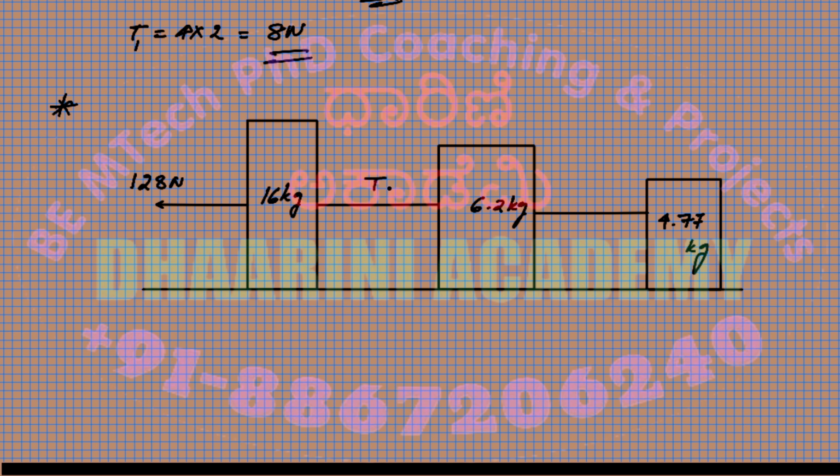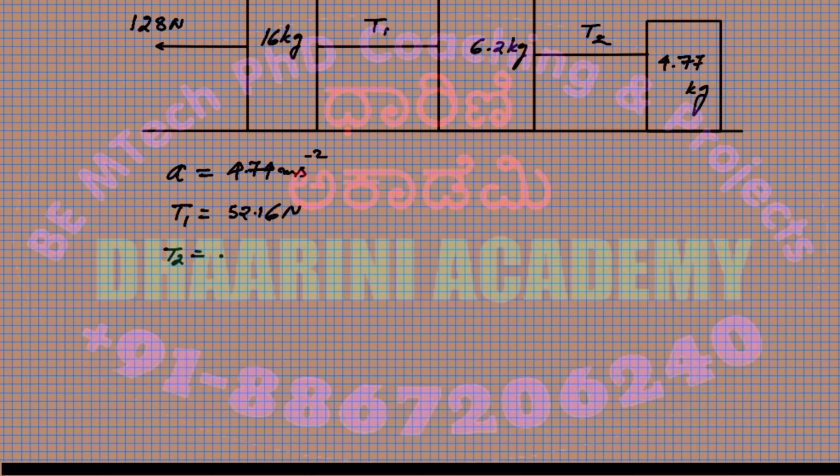Okay, if I call this T1, this T2. Question is to find the values of T1 and T2. So after solving, acceleration A is equal to how much? 74 meter per second squared. T1 equals to 52.16 Newton and the T2 comes to be 22.27 Newton.